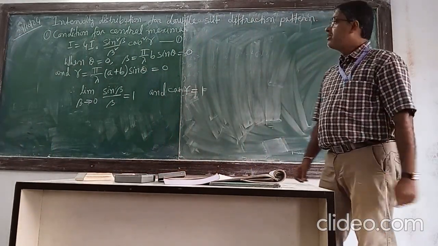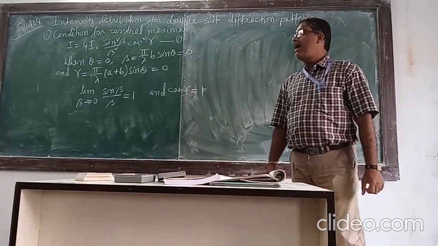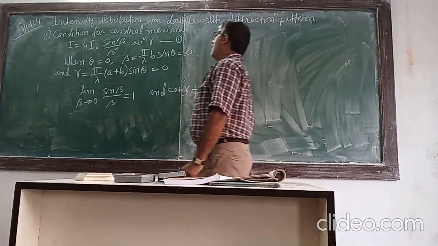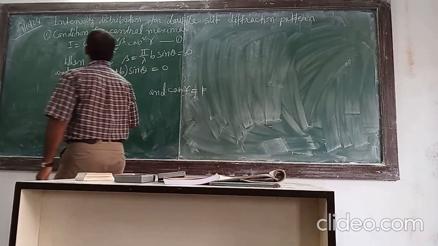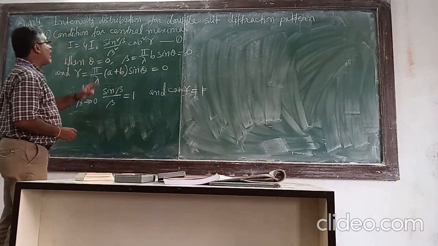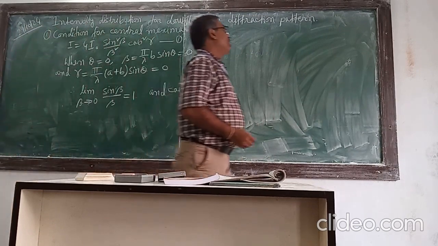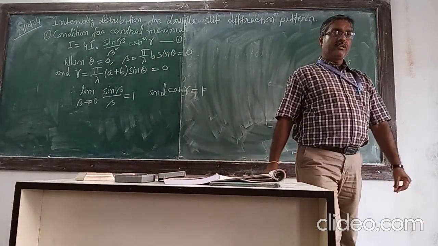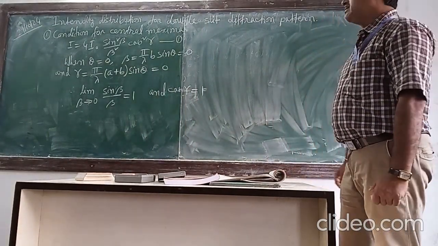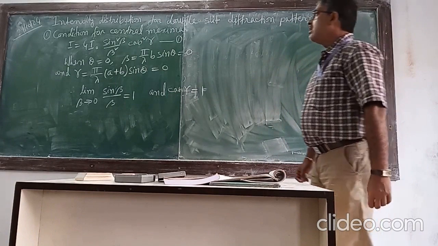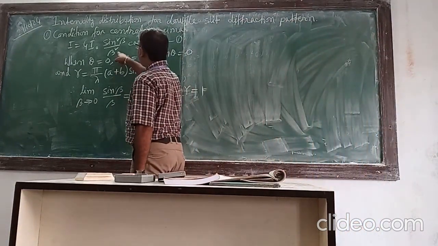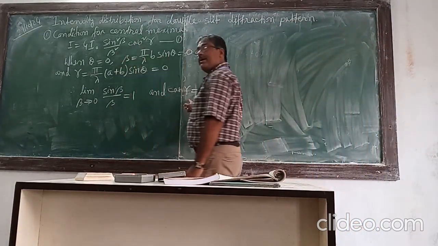Therefore, the intensity of the central maximum is: here we have limit sin beta by beta equals 1, cos gamma 1 হয়ে গেছে.